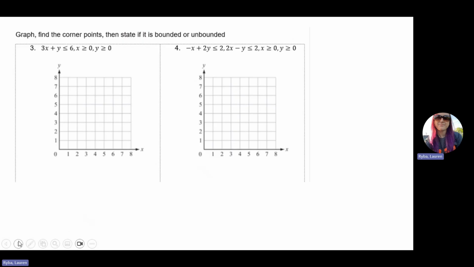We have 3x plus y is less than or equal to 6. X is greater than or equal to 0. Y is greater than or equal to 0. So these right here automatically tell me I have to be above the x-axis and to the right of the y-axis.